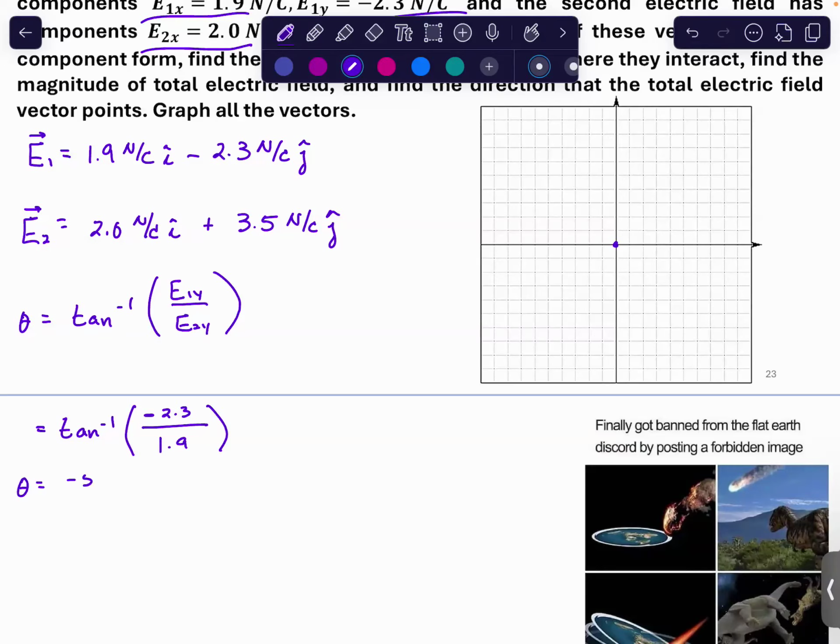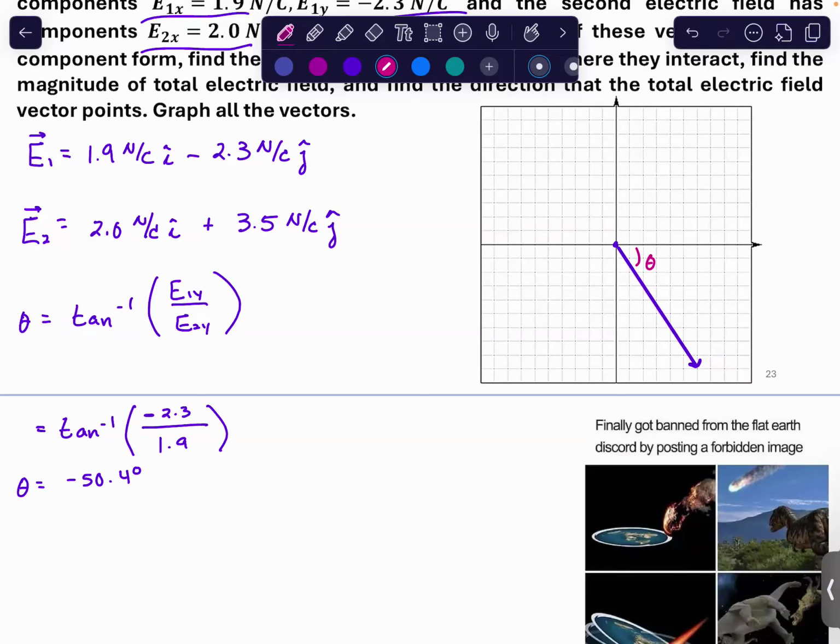Theta is going to be a negative 50.4 degrees. So that means you're going to get a vector. If you went just corner to corner, that's 45. We're going to go just a little bit further than that. And that's going to be that angle there.